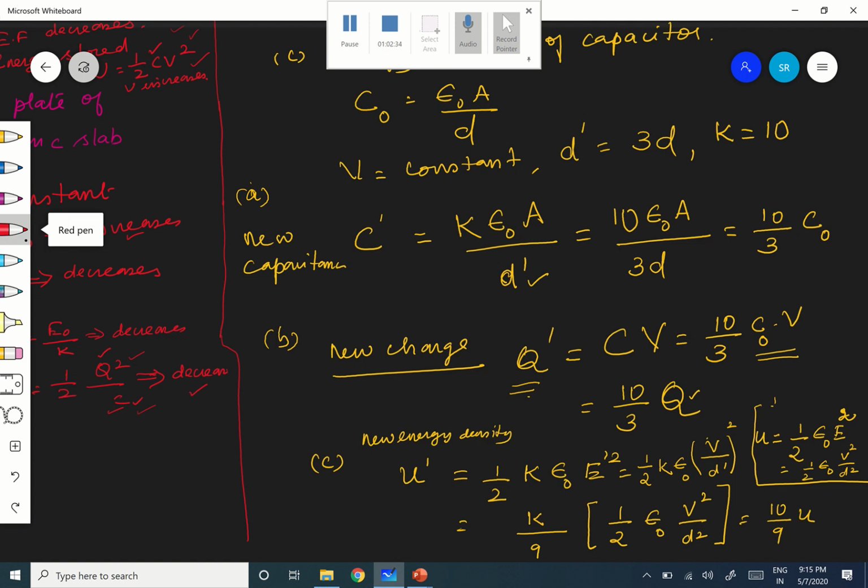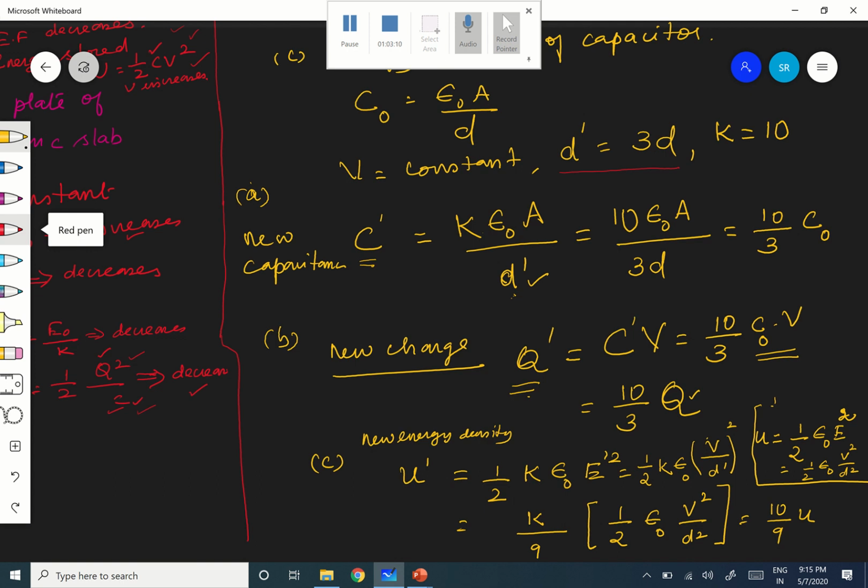Because the battery is connected, V is constant, but there is a difference in the distance. So initially C naught is equal to epsilon naught A by D. After introducing the dielectric, C dash is equal to K epsilon naught A by D dash, since the distance is also changed.